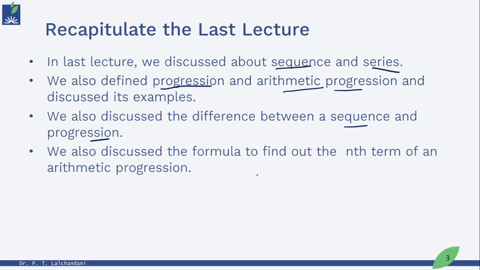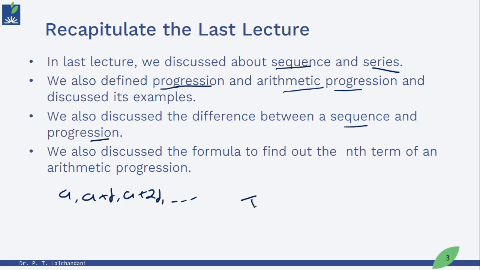Also, we discussed the formula to find the nth term of an arithmetic progression. Suppose we have an arithmetic progression of the form a, a plus d, a plus 2d, and so on. Here d indicates the consecutive difference and a indicates the first term.